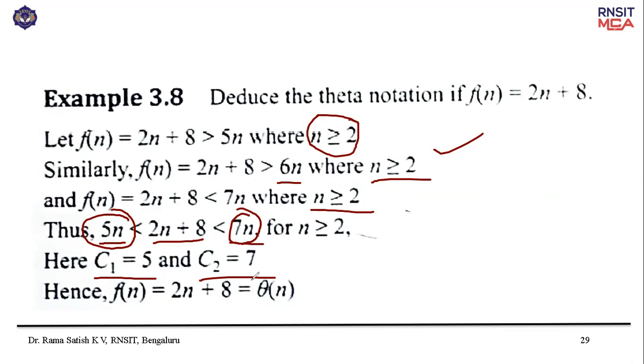You have to calculate C1 and C2 in such a way that the constants, after their inclusion in the expression, satisfy the less than and greater than: greater than the lower bound and less than the upper bound. If you find C like this, then you can write f of n is equal to 2n plus 8, that is equal to theta of n. So you can write like this. This is the theta notation.